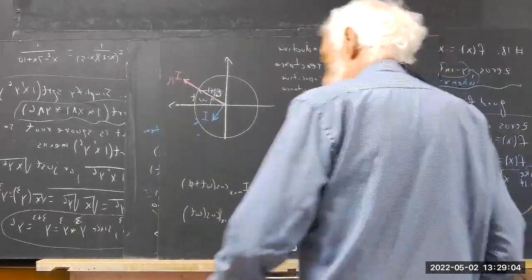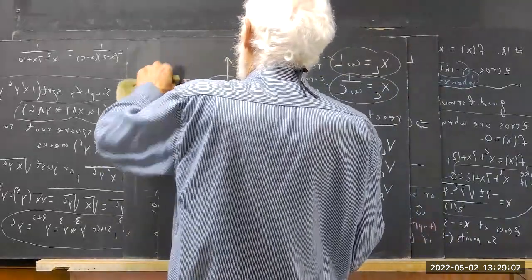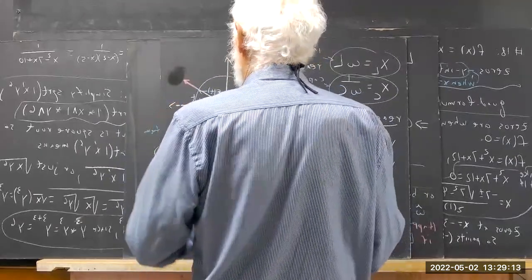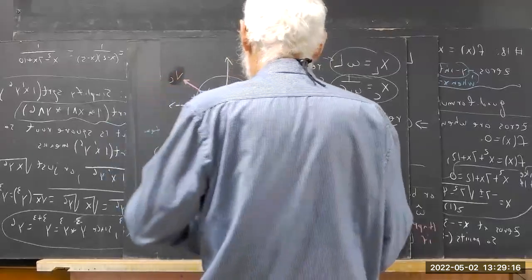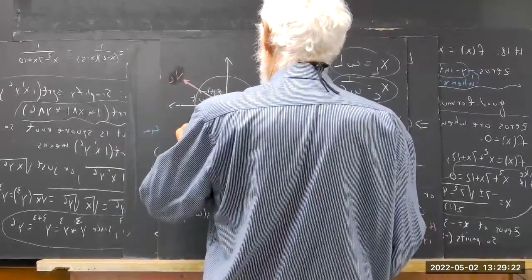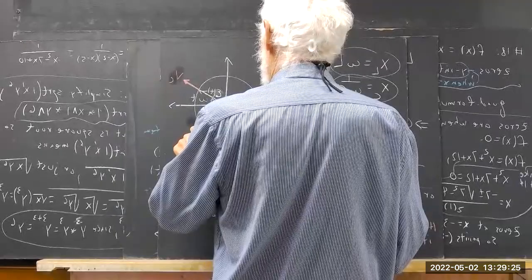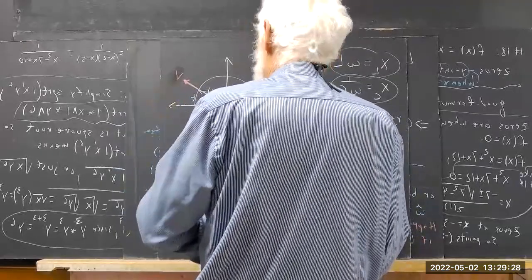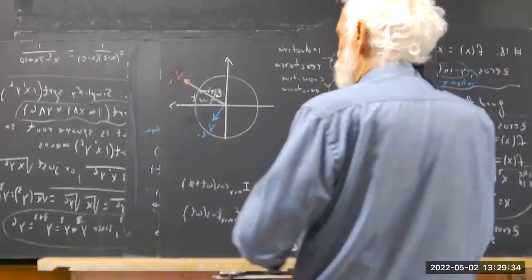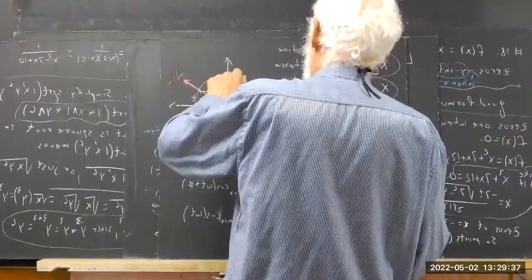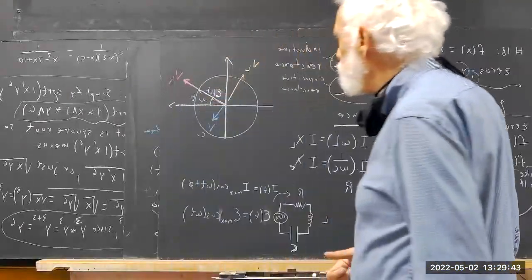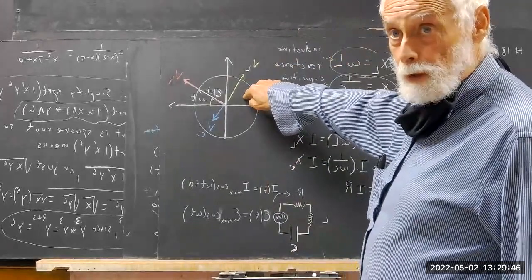And it's not current, it's voltage. This is the resistance, not the capacitance. And then you have the voltage through your inductor.